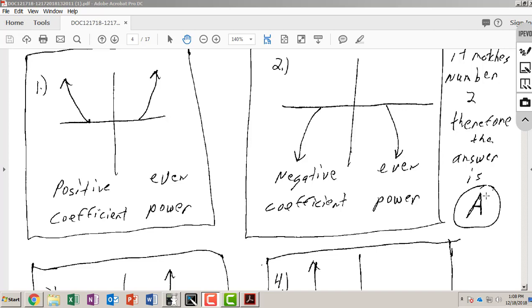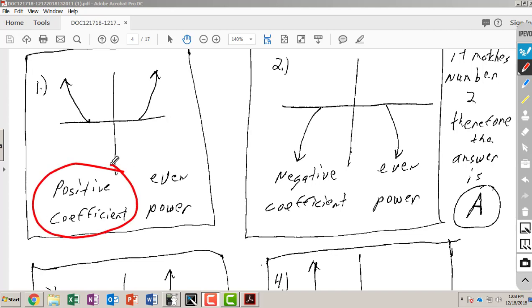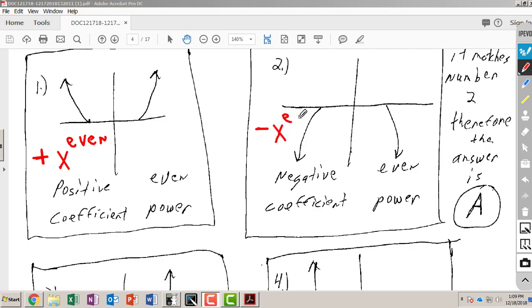If the leading coefficient is positive and the power is even, like positive x to the 4th, both ends go up. On the second one, a negative leading coefficient with an even power, like negative x to the 4th, both ends go downward. And this applies to all even powers, not just x to the 4th: x squared, x to the 4th, x to the 6th, and so on, will do the same thing on the very ends.